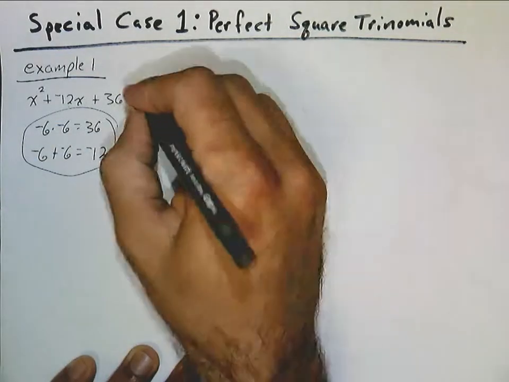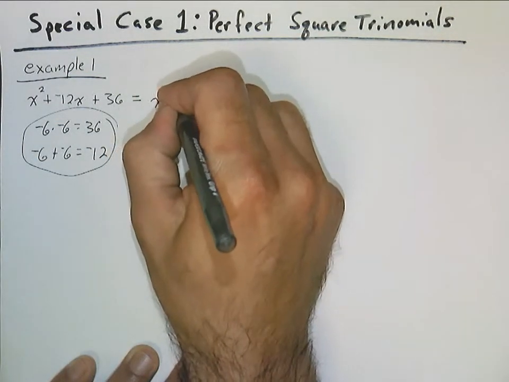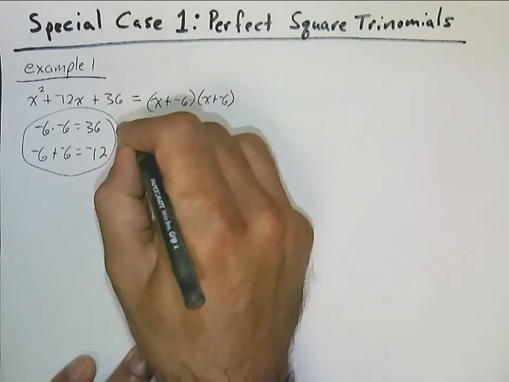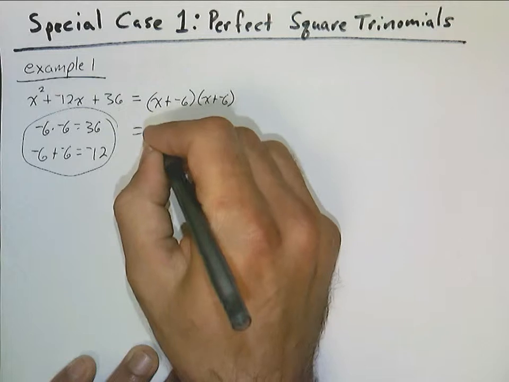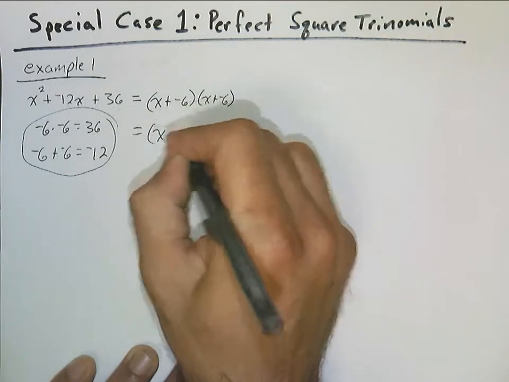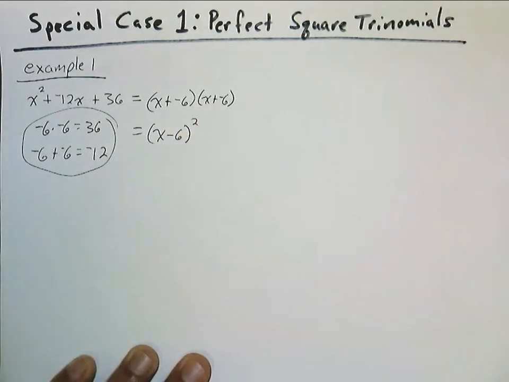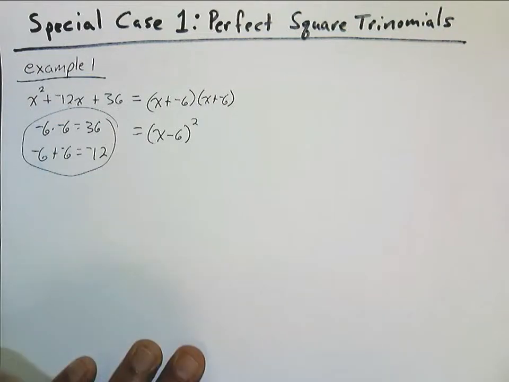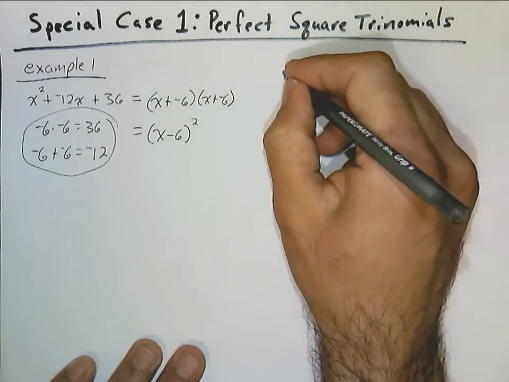So this is x plus negative 6 times x plus negative 6, or like we saw when we were completing the square, we could just write this as x minus 6 quantity squared. Now, notice here again, we were in an easy case where the coefficient of x squared is 1. Let's try something a little bit more difficult.